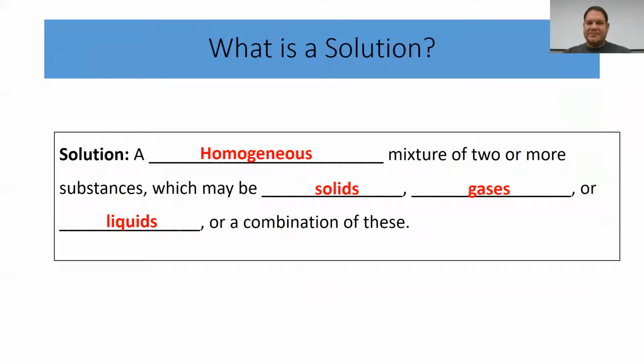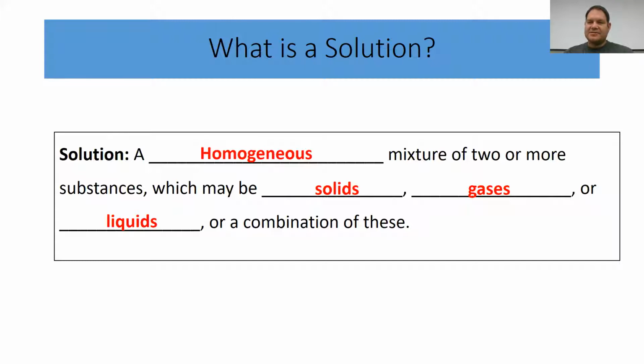What exactly do we mean by a solution? Well, it's a homogeneous mixture of 2 or more substances that can be either solids, gases, liquids, or a combination of the 3. Now, let's look at homogeneous for a moment and give you an example.